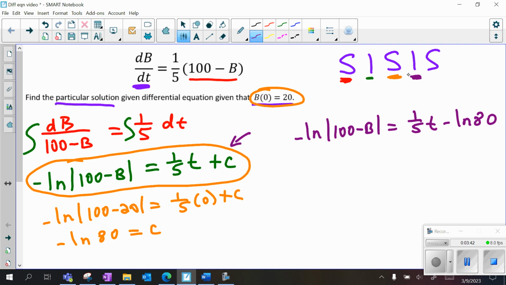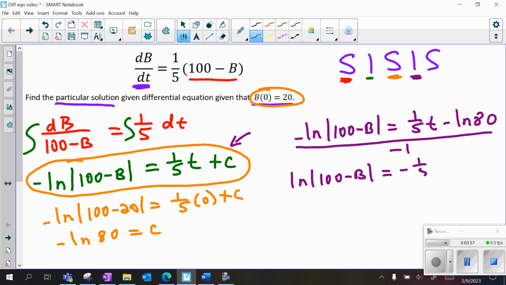Now let's isolate b. So there's a negative in the way. Let's divide everything by negative 1. ln of 100 minus b equals negative 1/5 t plus ln of 80.